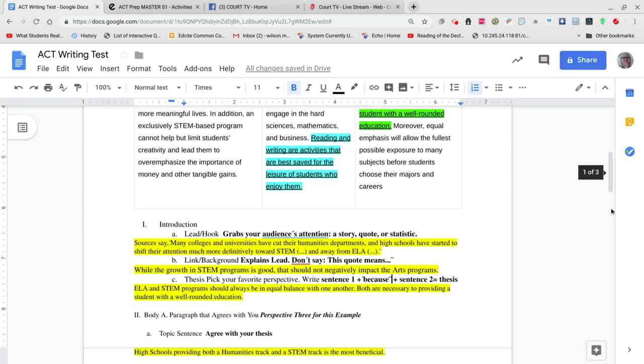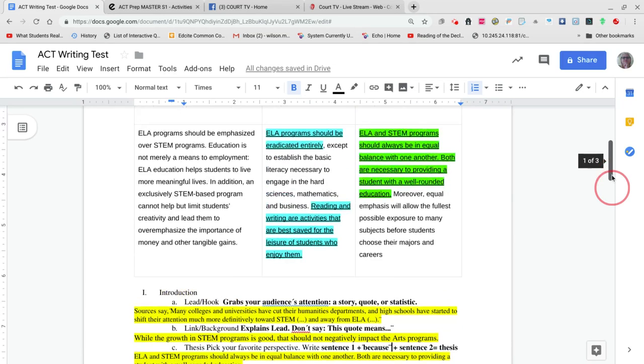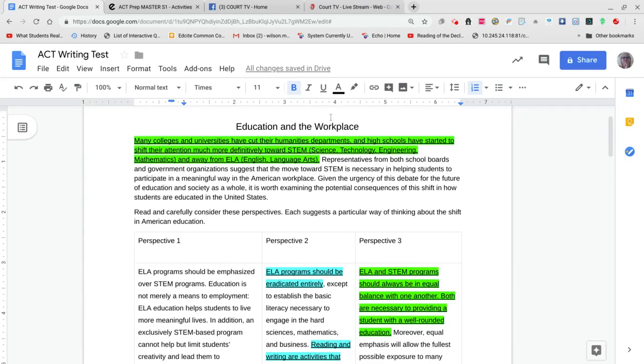If writing an outline is hard for you, I want you to use the house outline that we talked about in our workshop. Okay? So here is what I do for my lead: I take a quote from the part that is in green, and I'm going to say that this is a quote from a source.